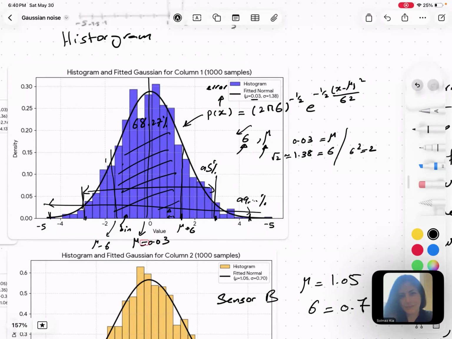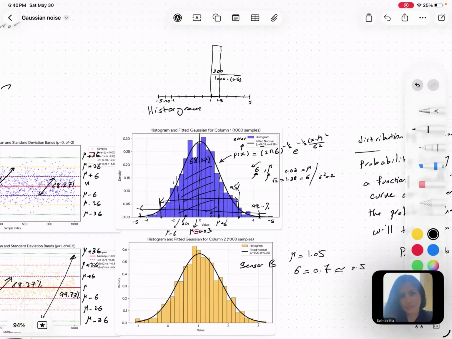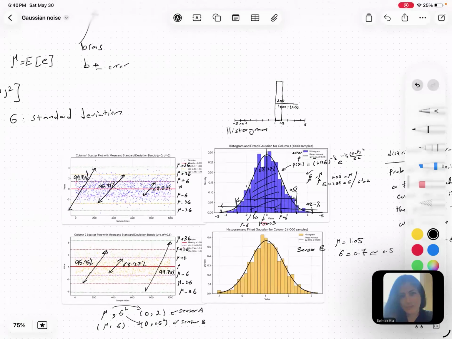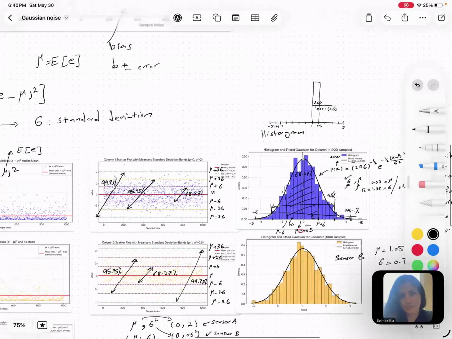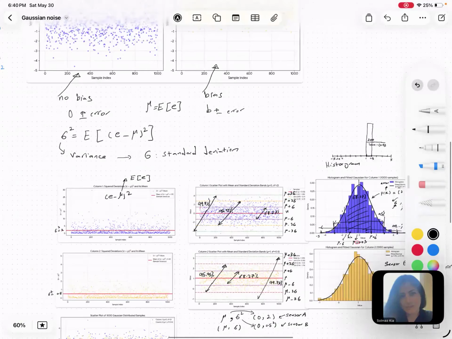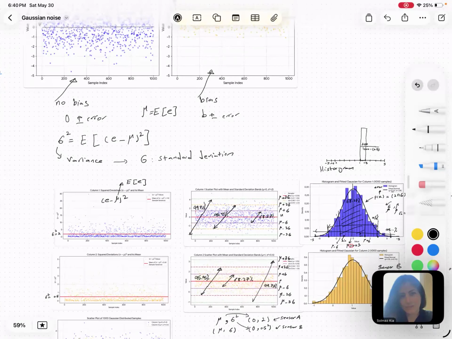So with this, we now know how to analyze the sensor measurements and confirm whether a sensor has Gaussian noise or not. This is usually what a company making a sensor does for you, and you end up getting these numbers mu and sigma. They would often take measures to remove the systematic bias that their sensor has.